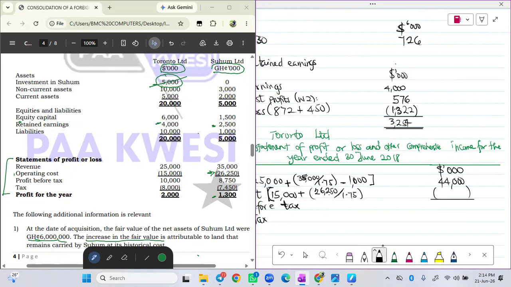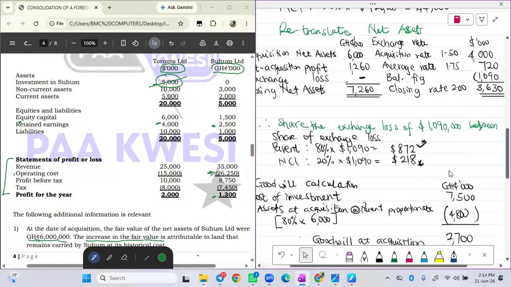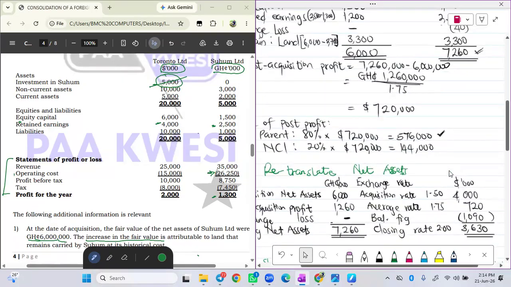Okay. So whenever there is intragroup sales, we deduct it from revenue and also from operating costs or cost of goods sold. We don't have cost of goods sold, so we deduct it from the operating costs. Then there was the intragroup loan, 29,000. That intragroup loan led to an exchange loss of 40,000.